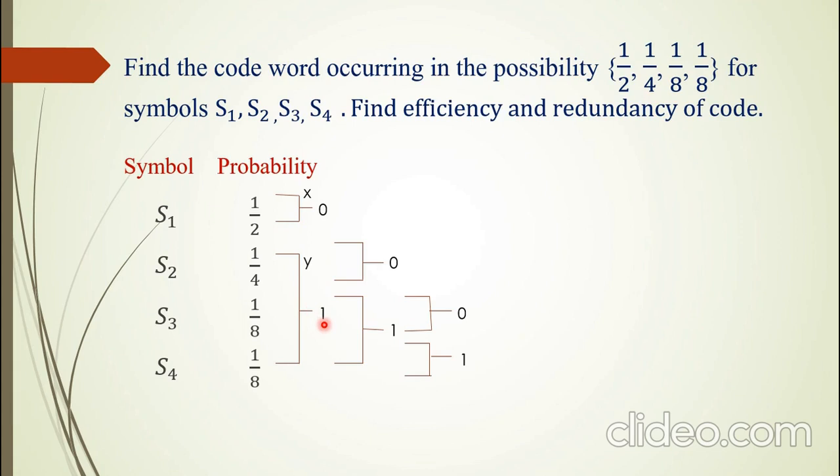Because the summation of these 3 probabilities is 1 by 2, we can divide in 2 subsets. S1, with probability 1 by 2, is one subset denoted by X, and S2, S3 and S4 together are another subset denoted by Y. To the first subset assign bit 0 and to the next subset assign bit 1.